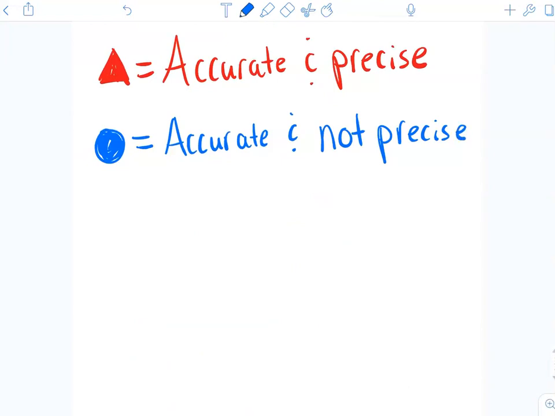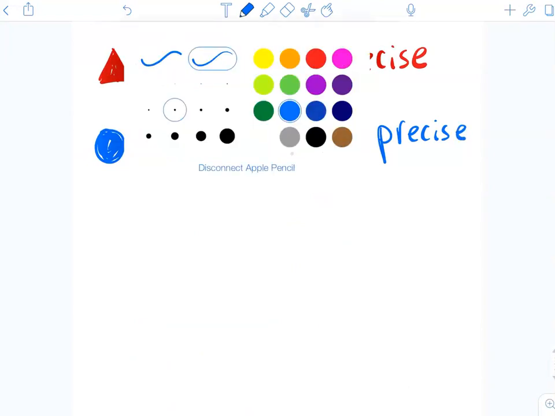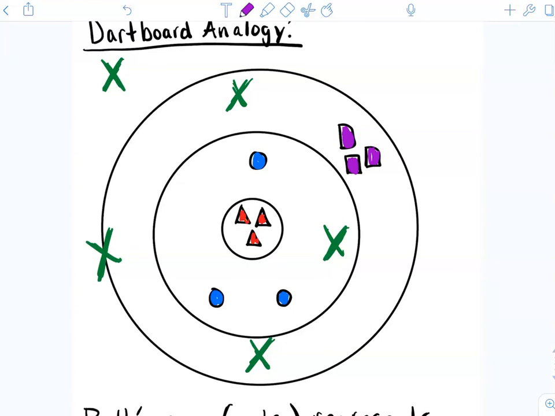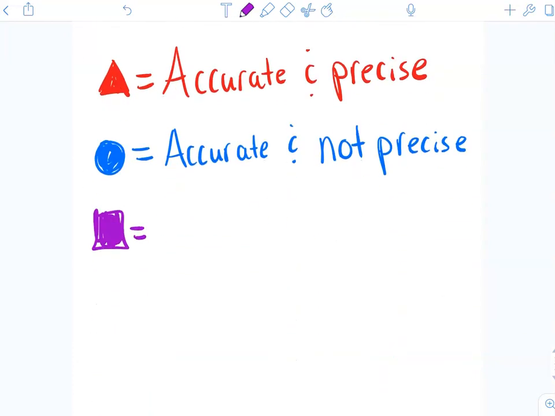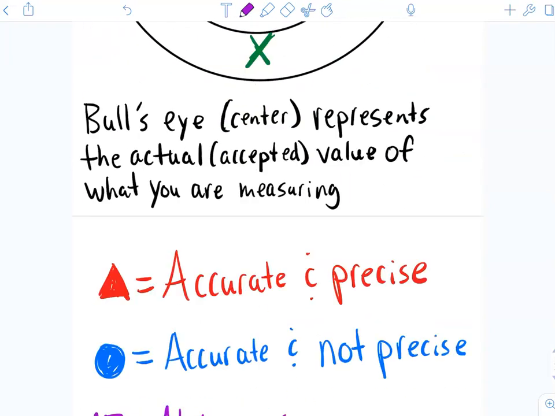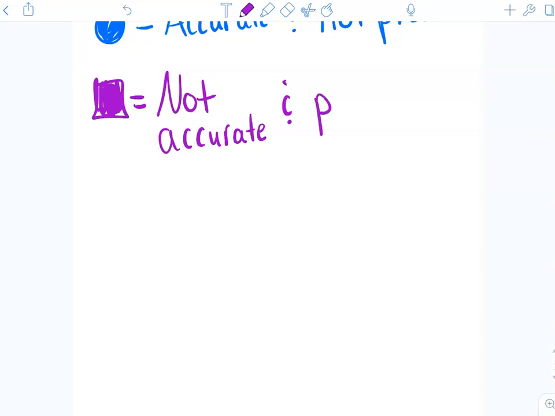Okay. Then we have our purple squares, and in terms of accuracy, they are not near the bullseye. They are over to the side, so they are not accurate. But in terms of precision, they are all right beside each other, so they are going to be precise.